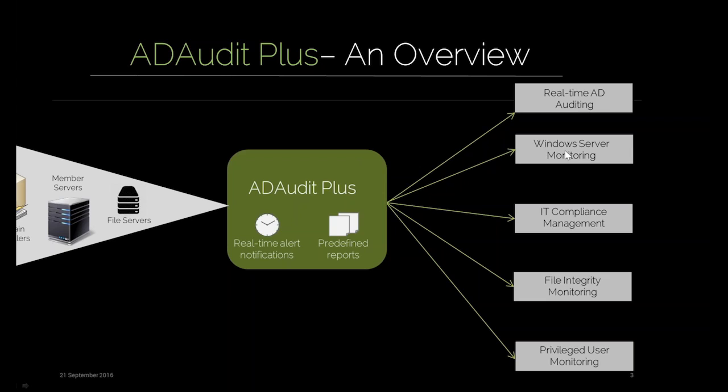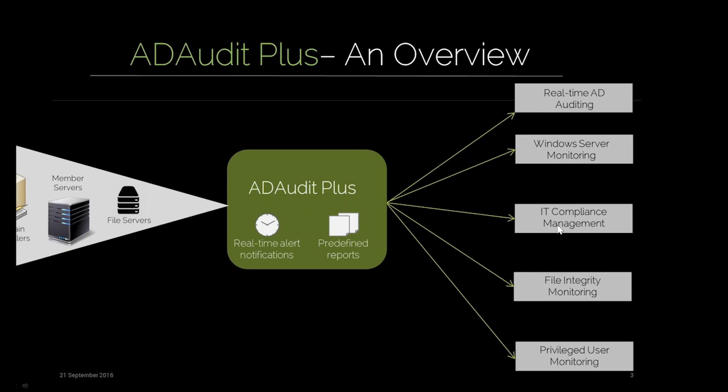And Windows Server monitoring is about the changes that happen on the servers that you have, no matter what server it is, either a domain controller or any other servers that you have for Exchange or DNS. You can get all the changes that happen on that particular server. And we have compliance reports.